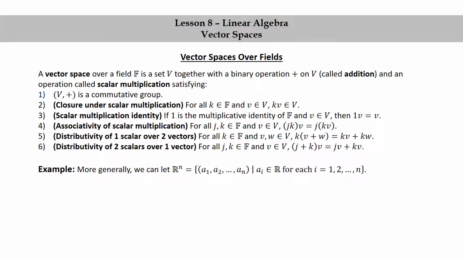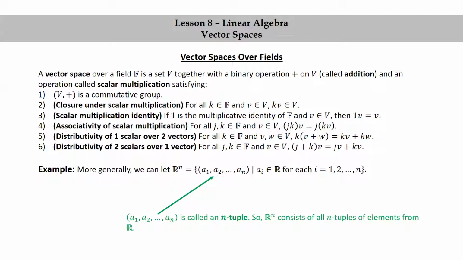More generally, we can let Rn be the set of (a1, a2, through an) such that ai is a real number for each i equals 1 through n. (a1 through an) is called an n-tuple. So Rn consists of all n-tuples of elements from R. We have the n-tuple (a1 through an) equal to the n-tuple (b1 through bn) if and only if ai equals bi for all i equals 1 through n.